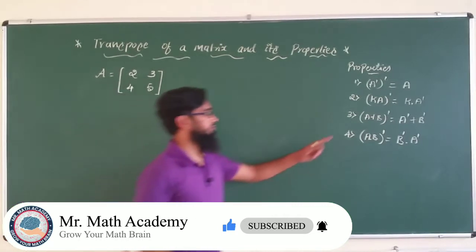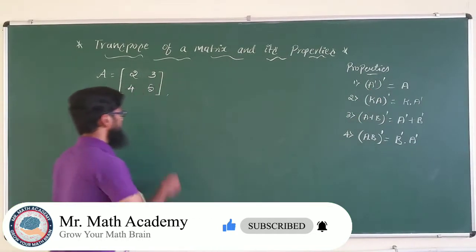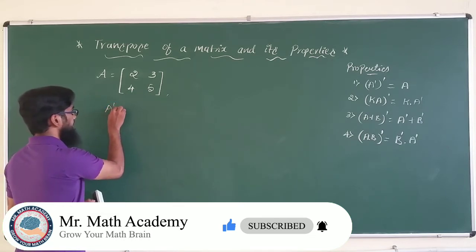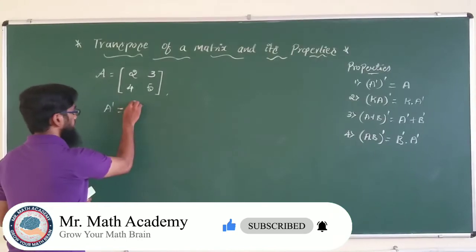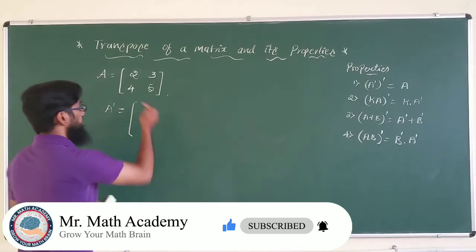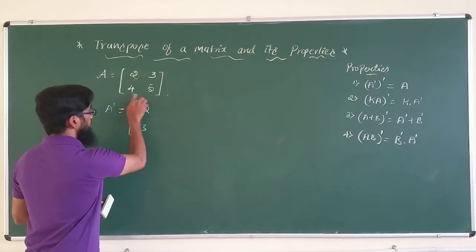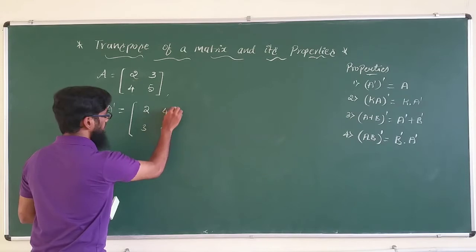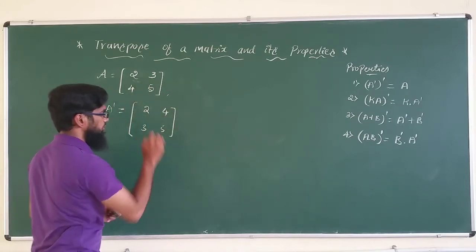The first thing is I need to find the transpose of A. So the transpose of this, I can write as A transpose, meaning A dash. What does it mean? The transpose means interchange the rows to columns. Take the first row as the first column, second row as the second column.